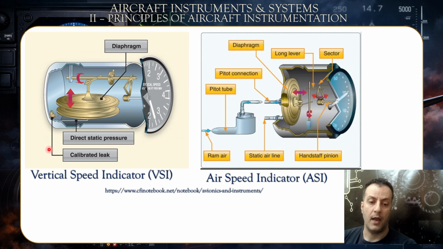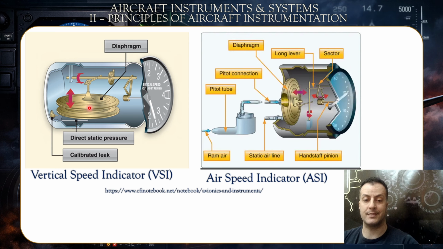At first, you have the direct static pressure here. You have a calibrated leak in order to readjust the pressure of the air when you are on the ground before you seal it.